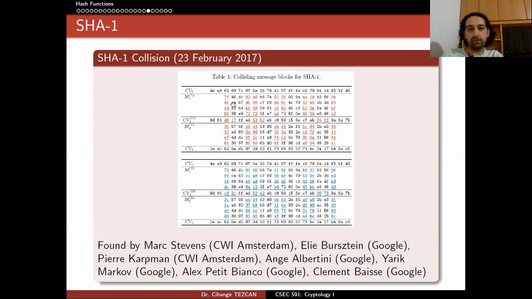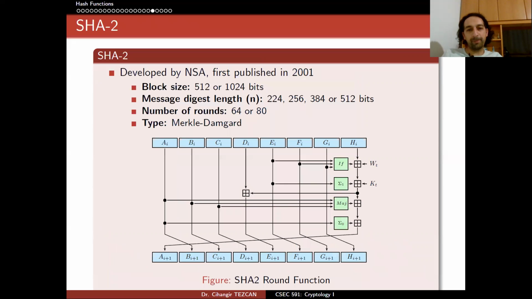Here is the example from the paper where they announced the first SHA-1 collision. For this reason, we stopped using SHA-1, and you shouldn't be using it, because in the future you might have some problems.